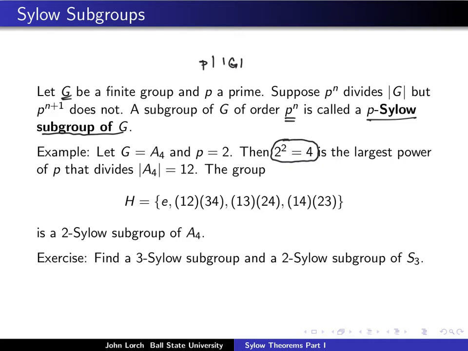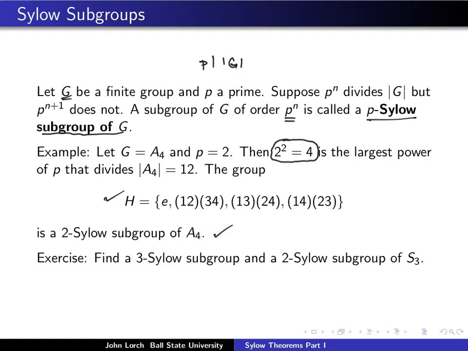So if I can find a subgroup of A4 that is of order 4, then that subgroup will be a 2-Sylow subgroup of A4. And in fact, I can find such a thing, right? This subgroup here consisting of E and all of these 3 elements of order 2 forms a subgroup of A4. And so that is a 2-Sylow subgroup of A4.